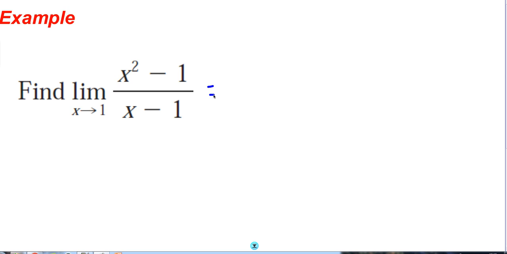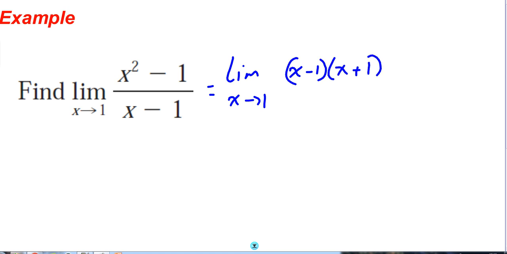So this will be the same as the limit as x approaches 1. X squared minus 1 is the same as x minus 1 times x plus 1 divided by x minus 1.